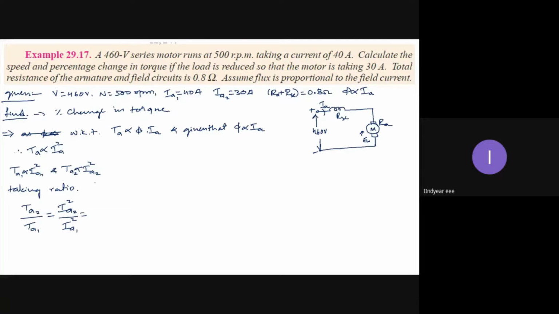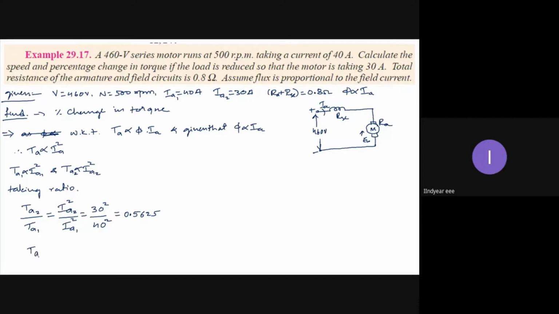This I can write as IA2 is 30 square divided by IA1 is 40 square. So how much will I get here? 30 square by 40 square is 0.5625.